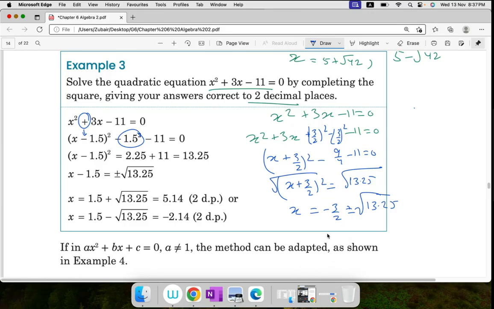That's why I'm having different answers. 2.14, and with the negative sign, getting negative 5.14. That is why we are having different answers. Getting this? Yes, sir. And the mistake.